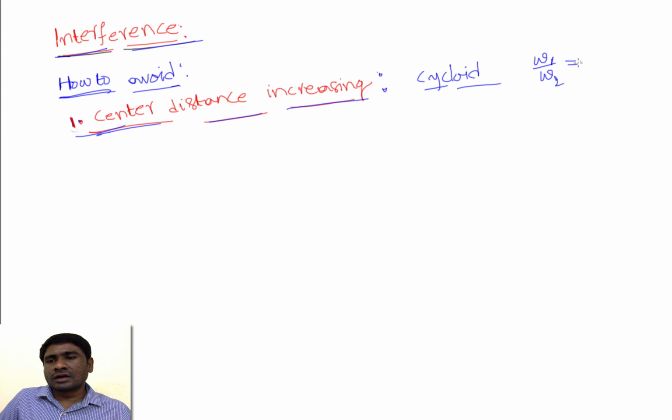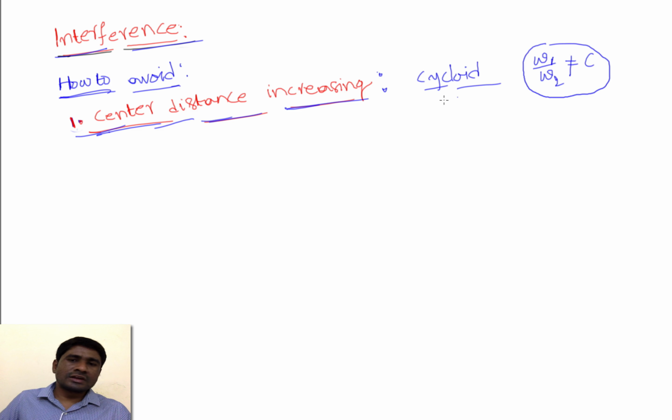It's no longer constant if you change the center distance. Whereas in case of involute gears, we can alter the center distance without affecting the constant angular velocity ratio. So we will see how, by increasing the center distance, we can avoid the interference.